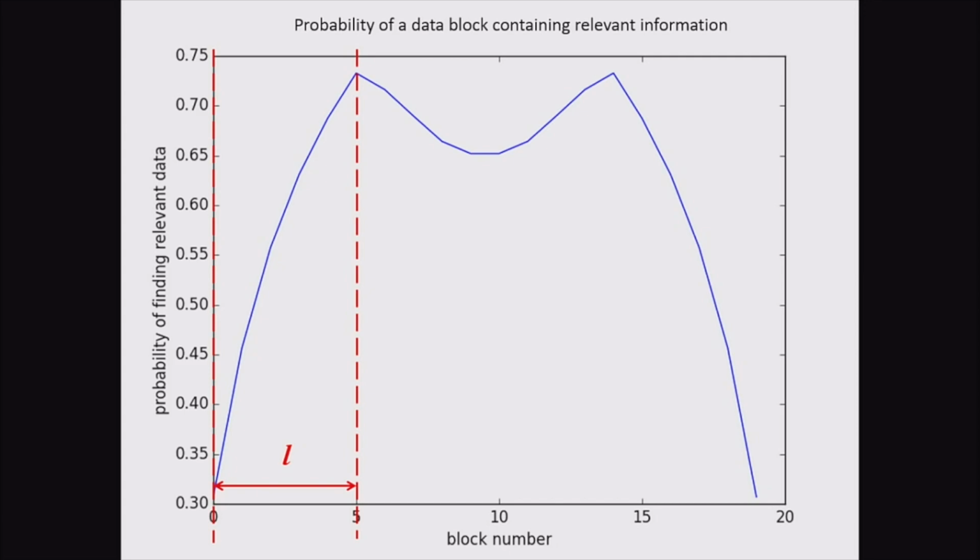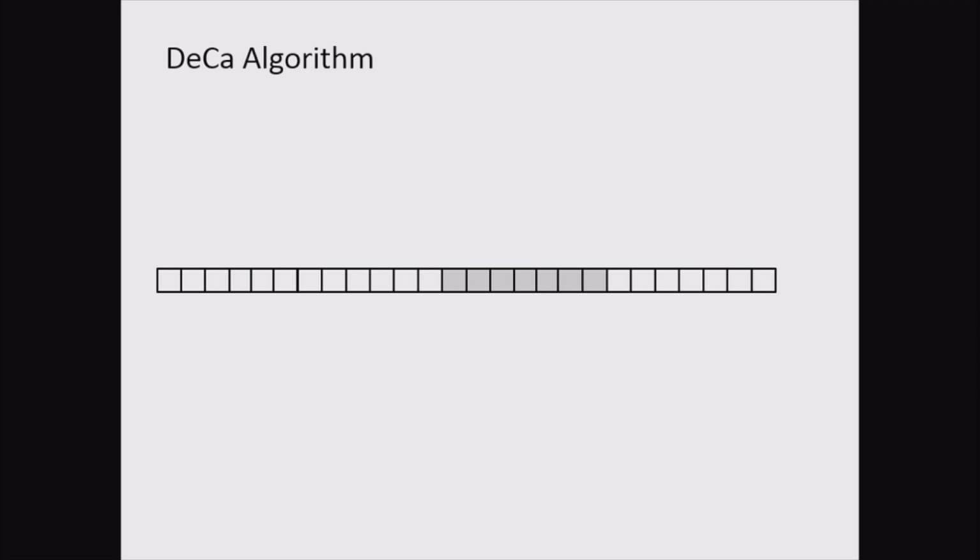Now, different drive technologies require different processing time to get to a particular data block. But in most cases, if our L is not very big, say 1,000 blocks or so, it doesn't really matter whether we have a hard disk drive, solid state drive, or RAM drive. And so the algorithm that we came up with works like this. First, we examine the block which is exactly L blocks from the start of the drive.